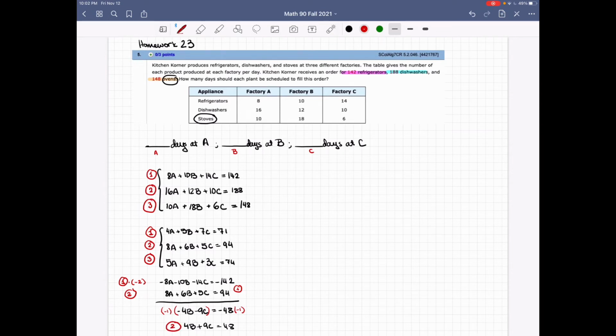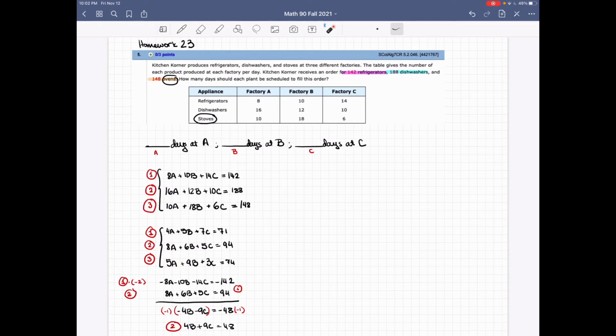Now I want to get rid of both A and B in the third equation. I have multiple ways to do this. To eliminate A, I'm going to use equation 1.